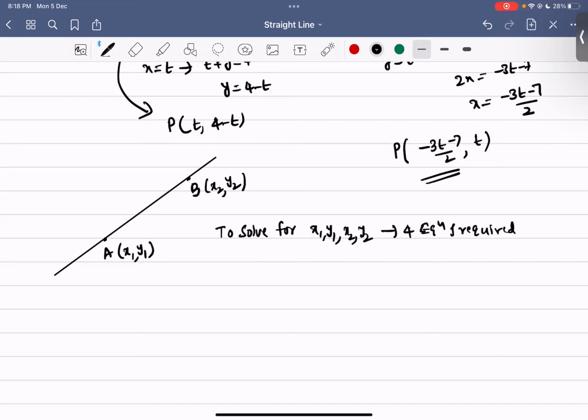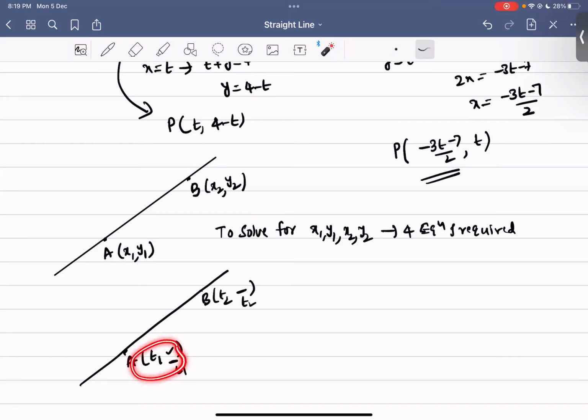Suppose instead of considering this algebraic Cartesian point, that is x1 y1 and x2 y2, you consider the parametric point. Here you will get the x coordinate in terms of t1 and the y coordinate in terms of t1, and similarly for t2. Now how many parameters are there? Only 2 parameters. We need to solve for two parameters.